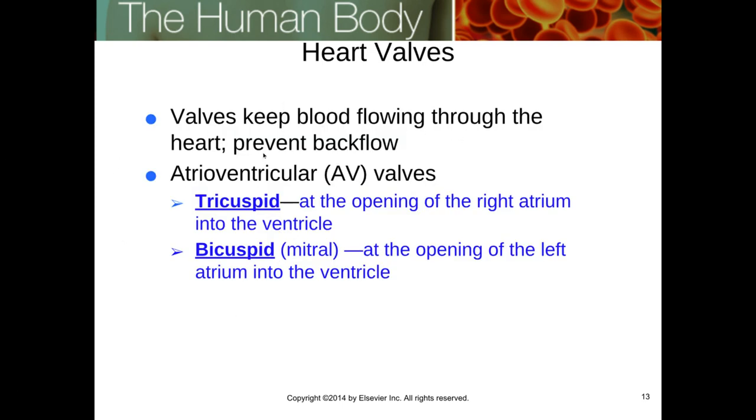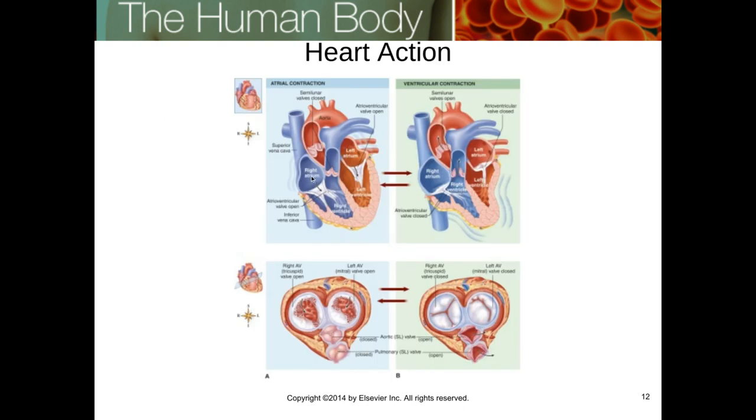Valves keep the blood flowing through the heart, they prevent backflow. I just said that. You have 2 AV valves, or atrioventricular valves. That means they go between the atrium and the ventricle. So you have the right atrium and right ventricle, and over here is left atrium, left ventricle. So the AV valves are right here and right here, right?